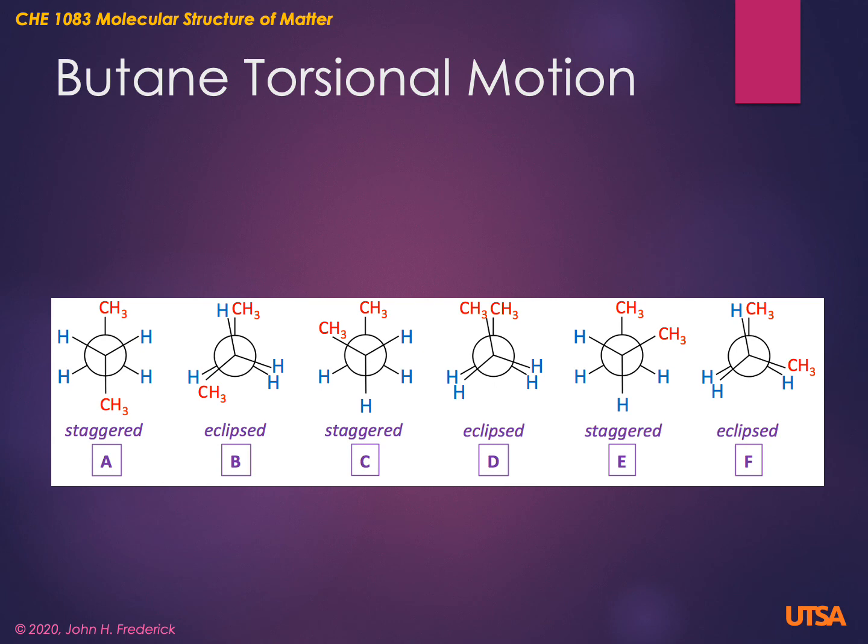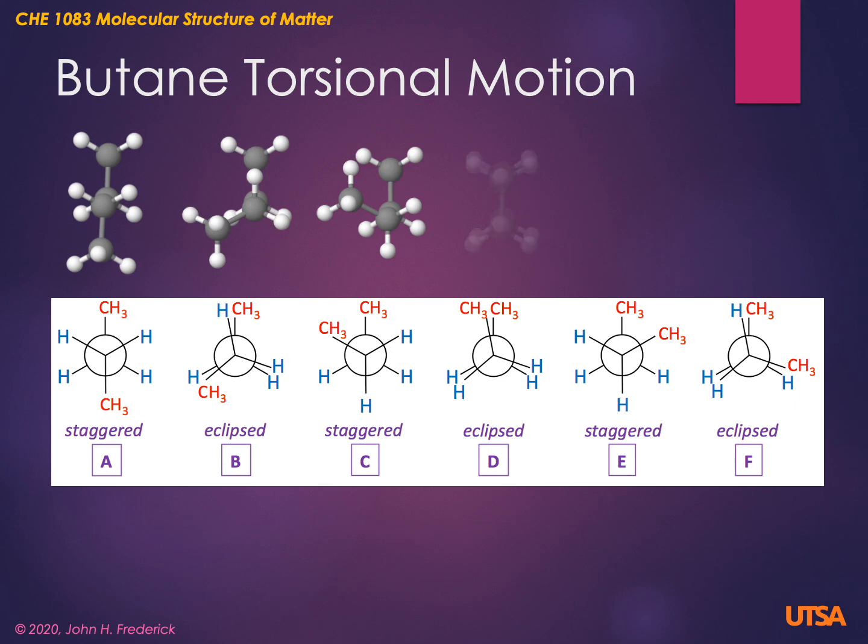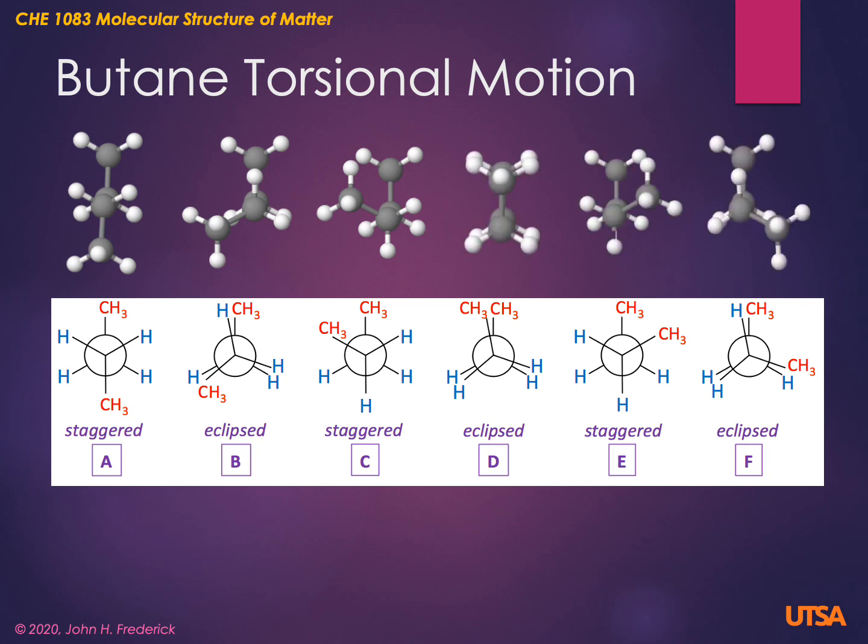Finally, we twist to another eclipsed conformation, which is labeled F, and again we have a methyl-hydrogen eclipsed conformation and a hydrogen-hydrogen eclipsed arrangement. So this is going to look a lot like B, and so it will have a similar energy. This is what they look like when we draw these molecular models. So you can see that the one above B and the one above F look very similar.